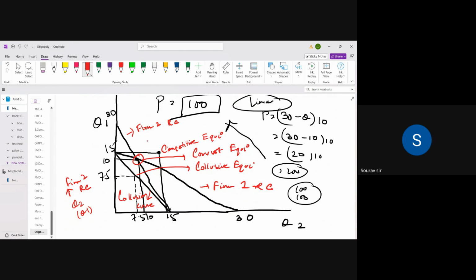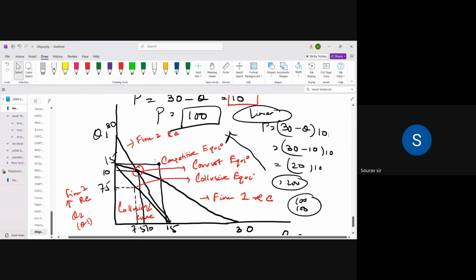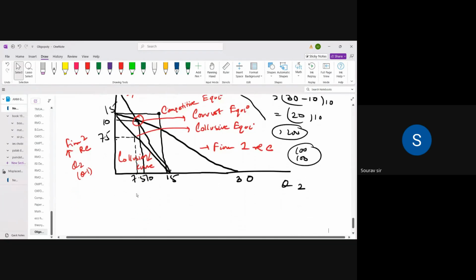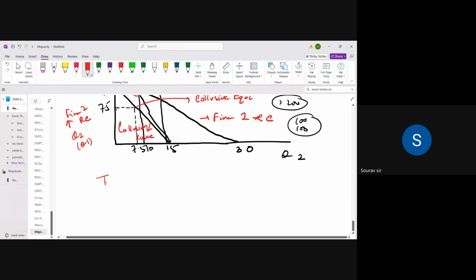So then what will happen to the total revenue of the firm? Suppose that they would set their output to maximize total profit. So presumably they would split the profit evenly. So total profit will be maximized by choosing total output Q. So here what will be the revenue? The total revenue will be PQ, that is 30 minus Q times Q, so that is 30Q minus Q square. Okay.